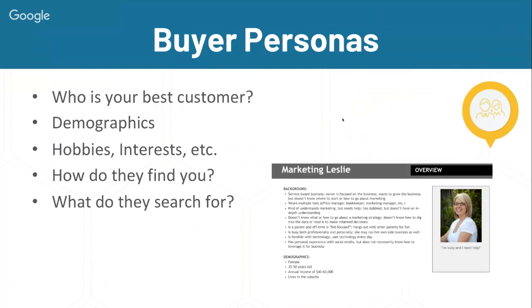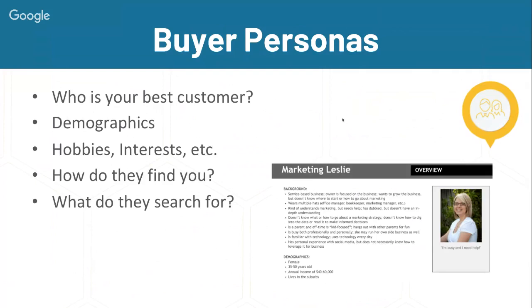And so she needs help to generate the business results that she's been tasked with in her organization. Marketing Leslie might search for inbound marketing help, or she might search for lead generation tactics in this case. So that is what we focus on, and we write all of our content and all of our posts and marketing around solving Leslie's needs.